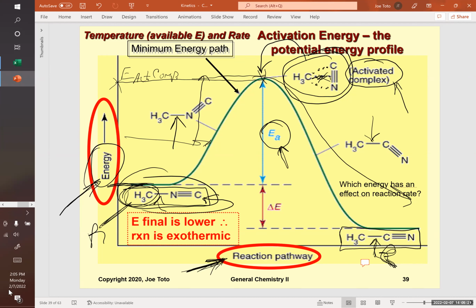And I would just subtract from that energy the energy of the reactant, and I would get the amount of energy required to get over that hump. That's the minimum energy or the activation energy.